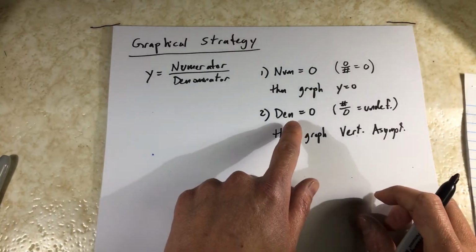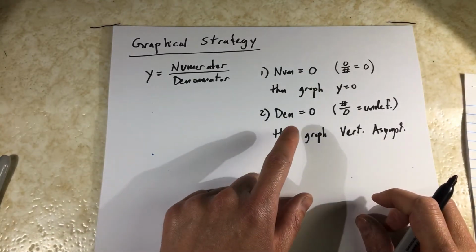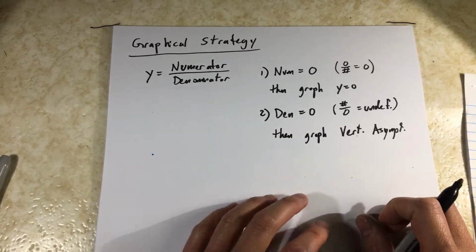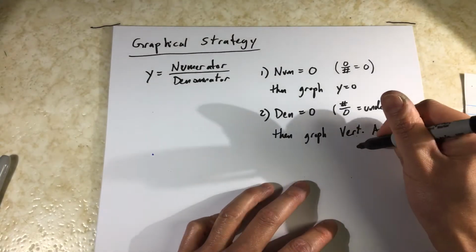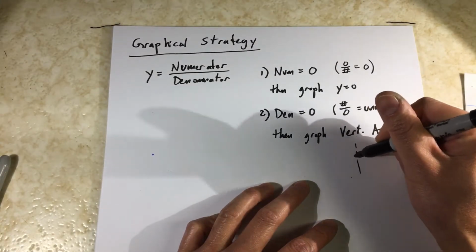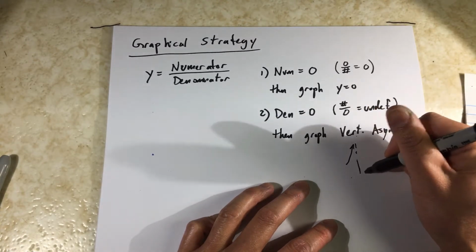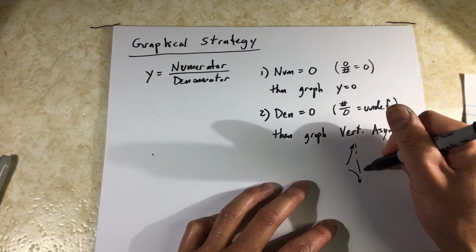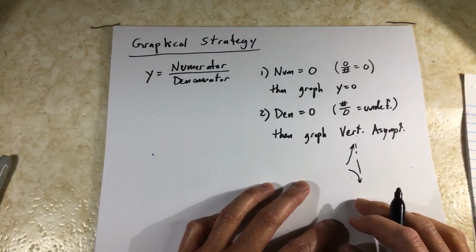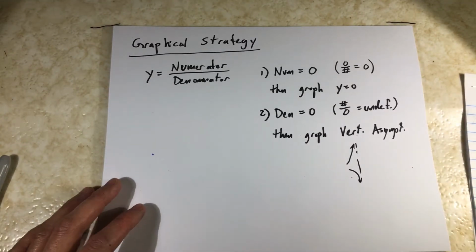We don't want undefined values, so we're going to have a vertical asymptote at that location. For example, as you approach it, it could go to infinity or to minus infinity, one of those two options. Okay?